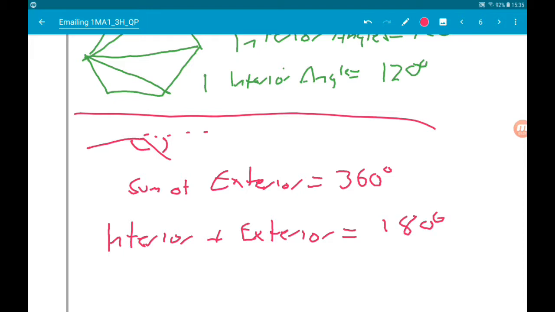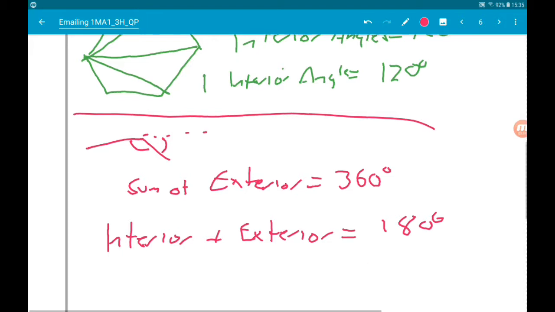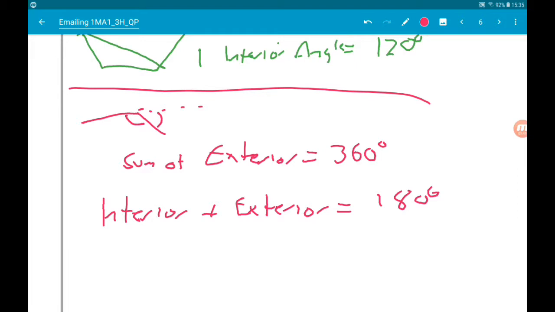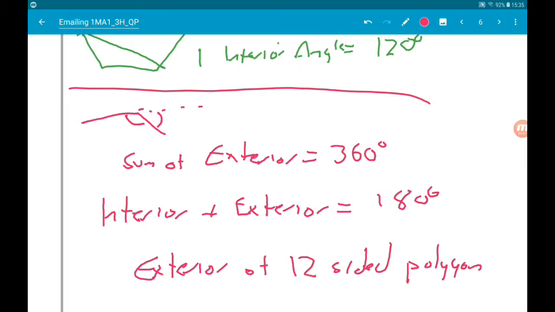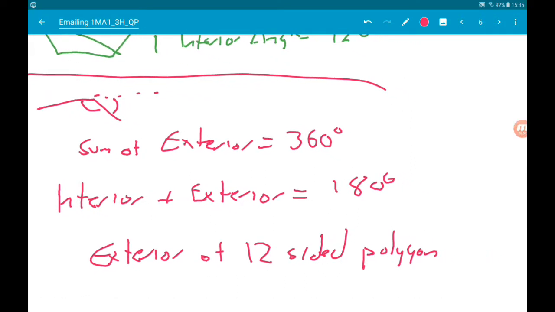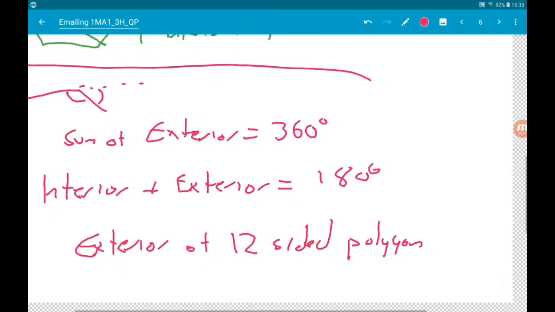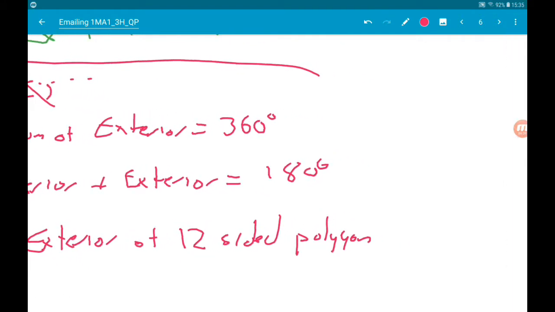Now, using these two facts, we can first of all work out the exterior angle of the 12-sided polygon. So that's 360 divided by 12, which is 30 degrees.